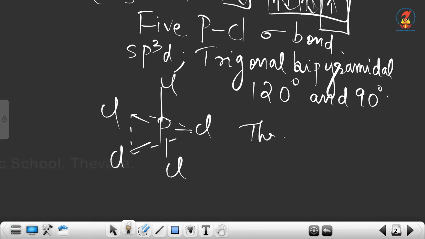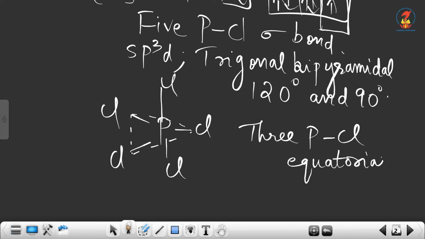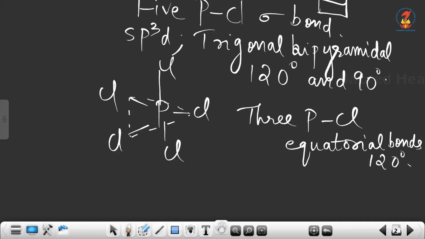The 3 P-Cl bonds which lie in the same plane are called equatorial bonds, and these equatorial bonds make an angle of 120 degrees. This is an equatorial bond, this is an equatorial bond, this and this, these are the equatorial bonds.